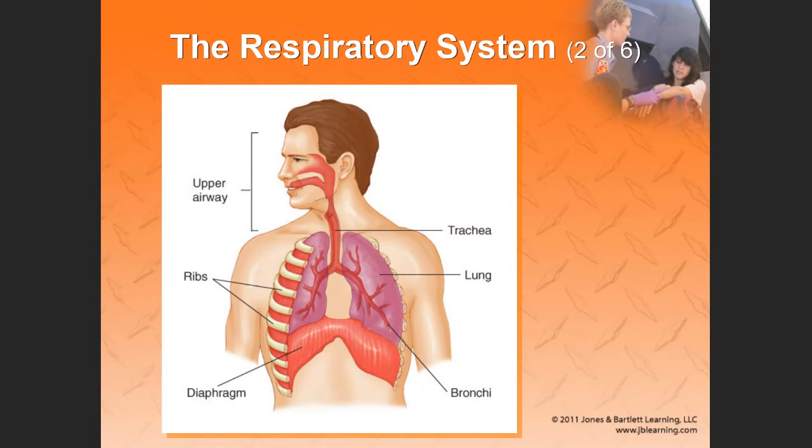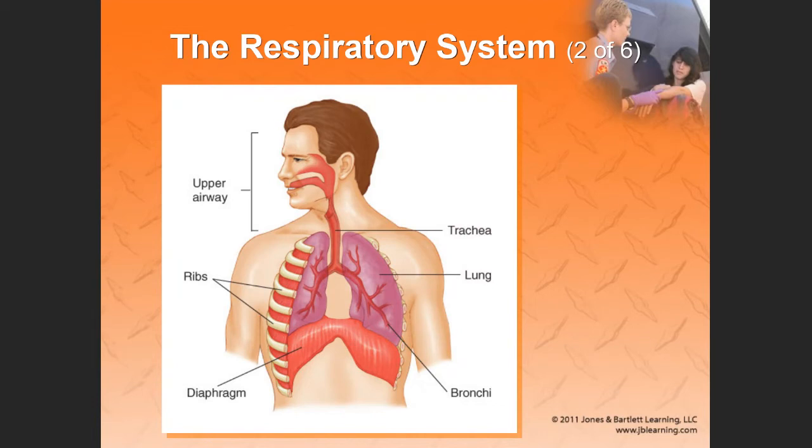Now, the lower airway. These are the structures below the vocal cords. So you have the trachea, which leads to the lungs. You have a right lung and a left lung.